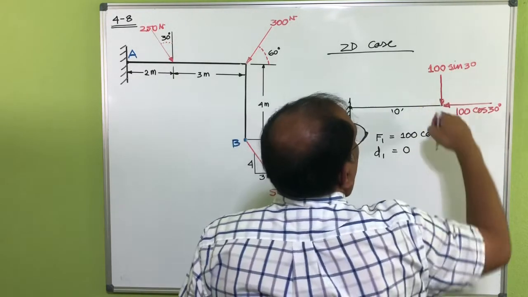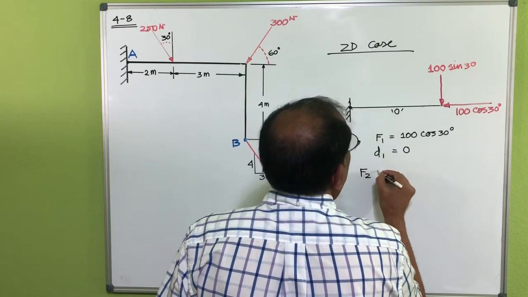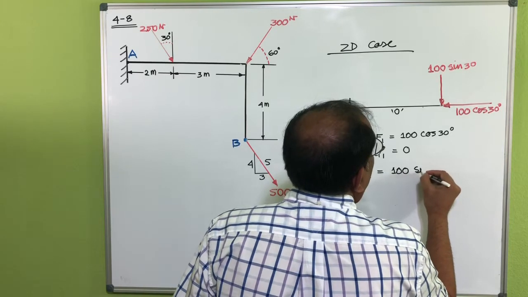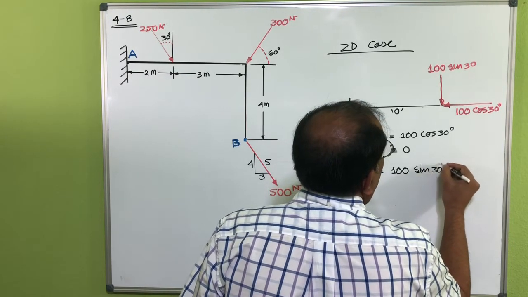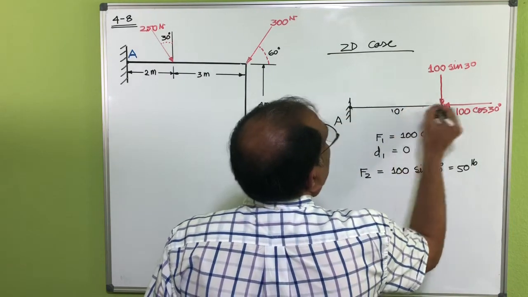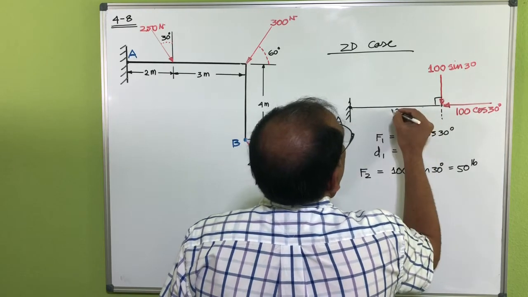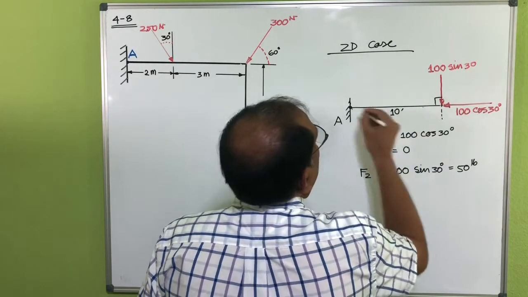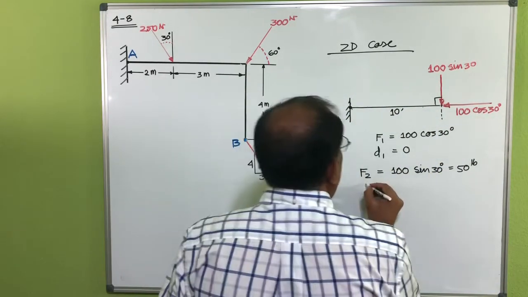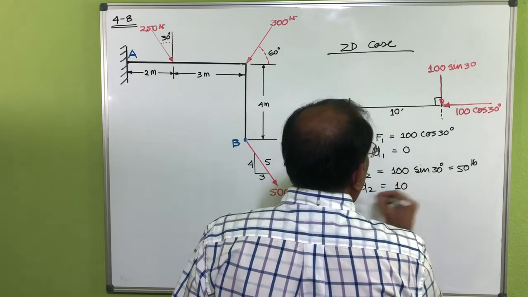Now if you think about this force here, that's F2, which is 100 sine 30, which is actually 50 pounds, and the perpendicular distance along the line of axis of that force is 10 here, right? You can see this is the perpendicular distance from A to that line of force. So D2 is basically 10.